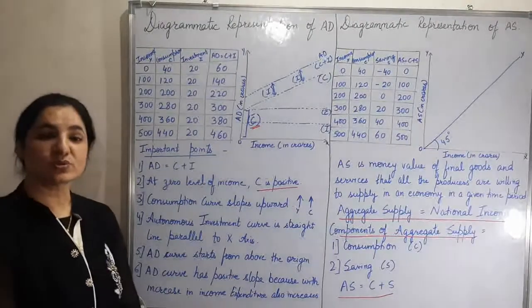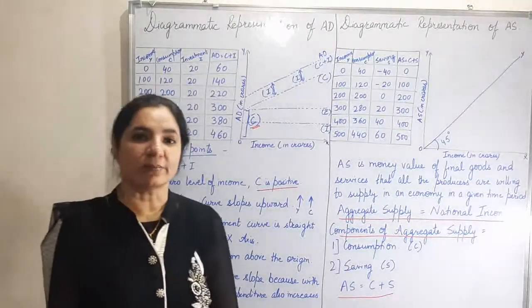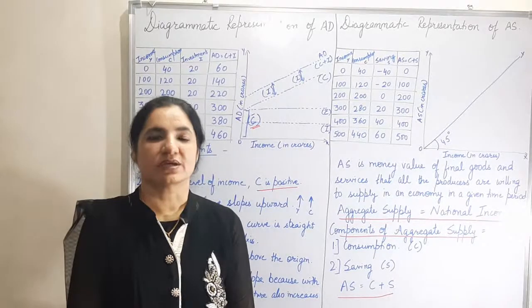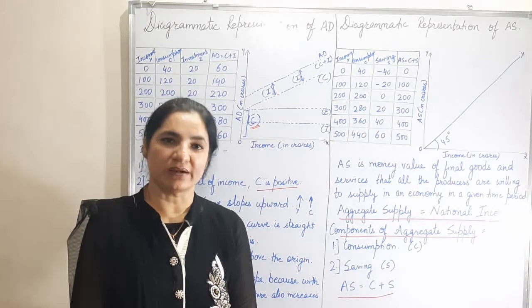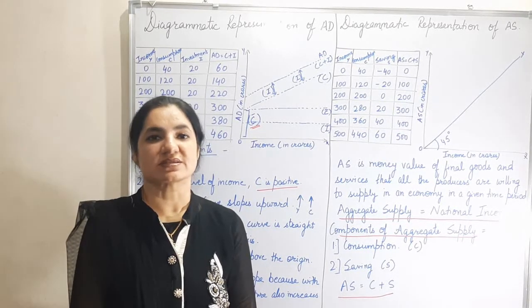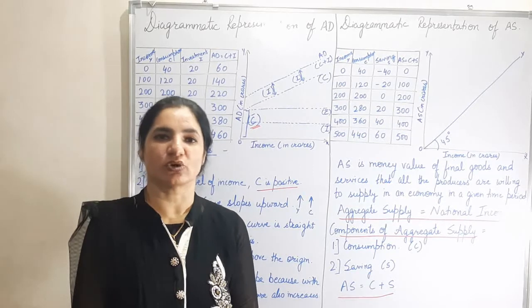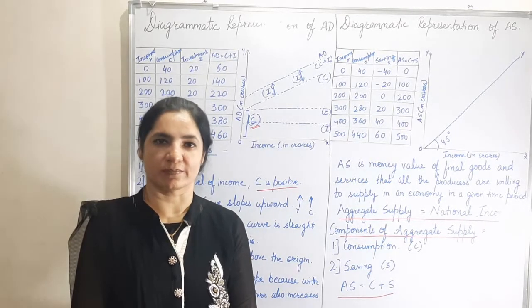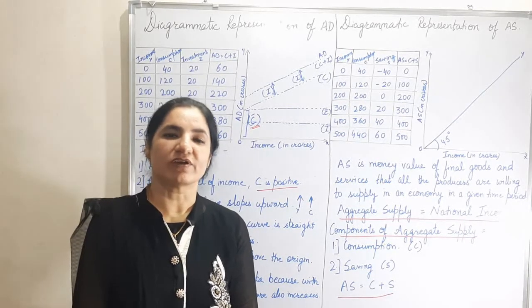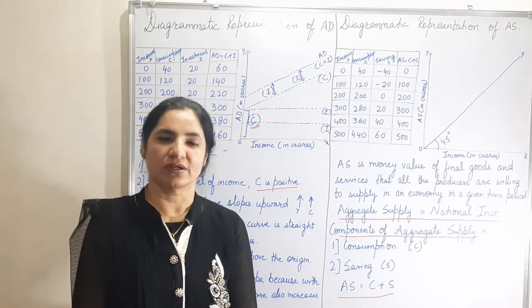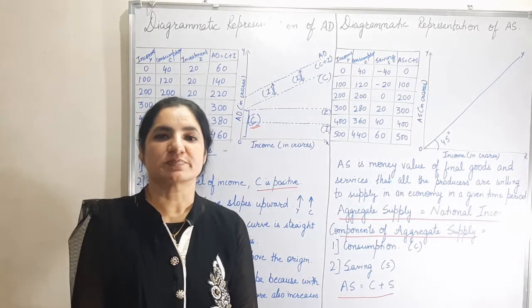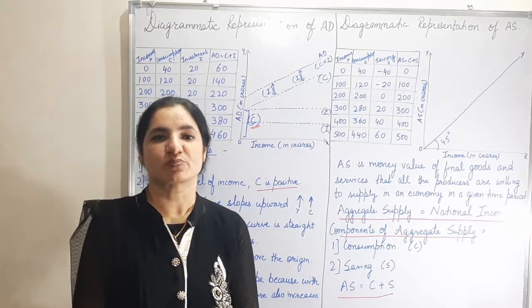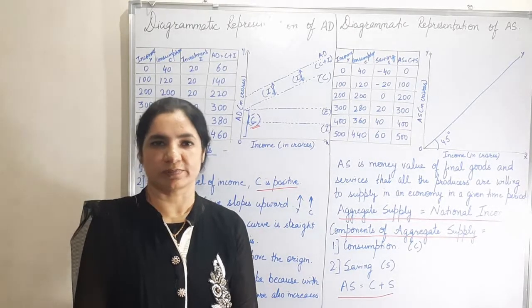Before this, we should also understand that income in the economy is the main factor on which aggregate demand depends. The reason behind this is that expenditure is made according to the disposable income. It means that whatever will be spent by the household sector will be spent according to the disposable income of the people.